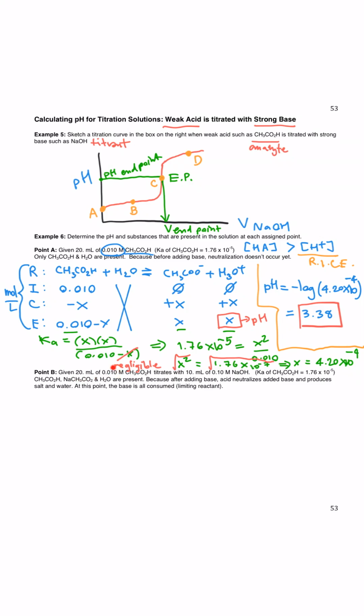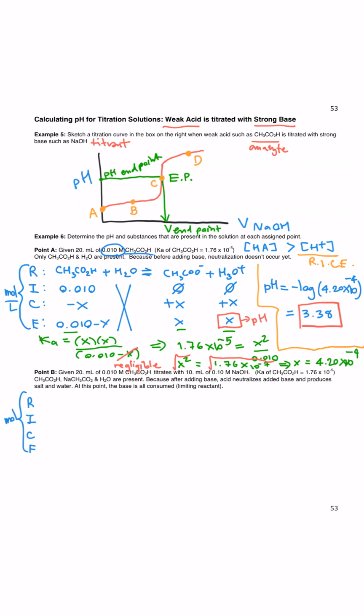At point B, we have the amount of acetic acid given, and we have the amount of sodium hydroxide given, and as you see, the concentrations are the same, but the volumes are not the same. Therefore, we will need to set up an RICF table to look at the neutralization reaction and to find out how many moles are left at the end in order to calculate the pH of the solution.